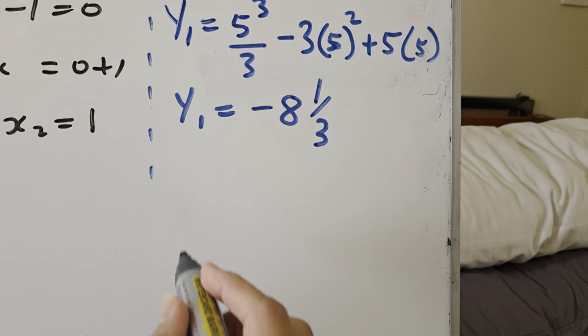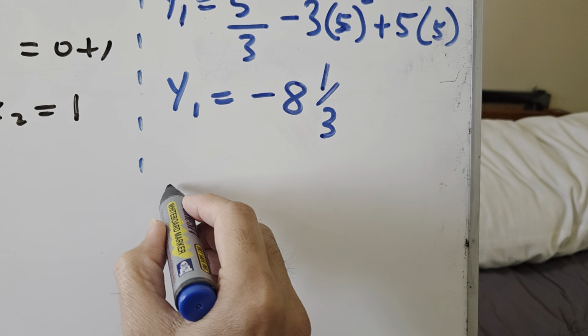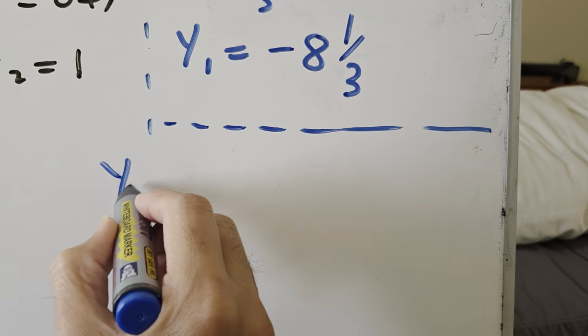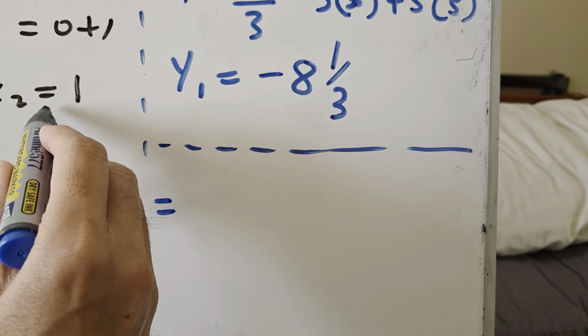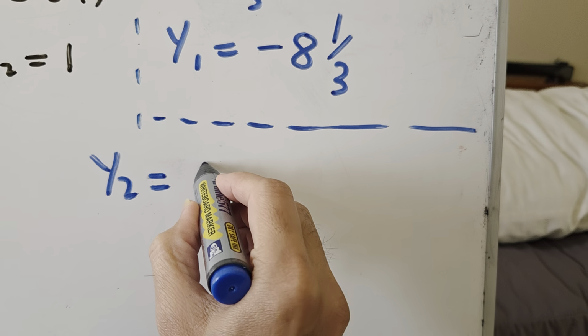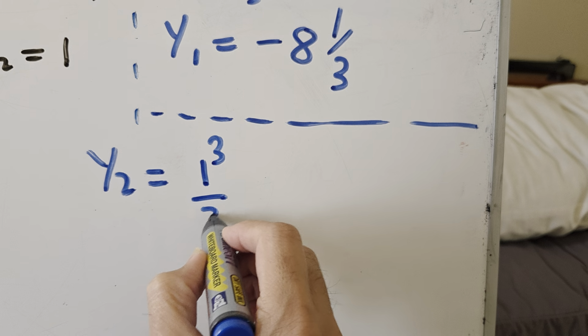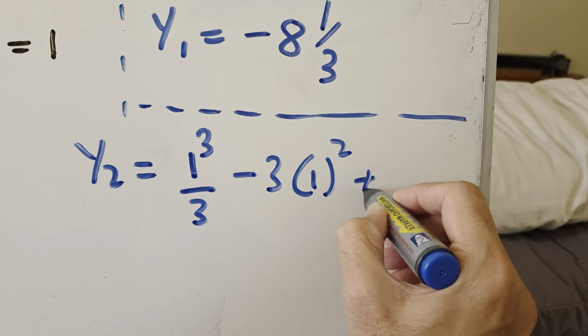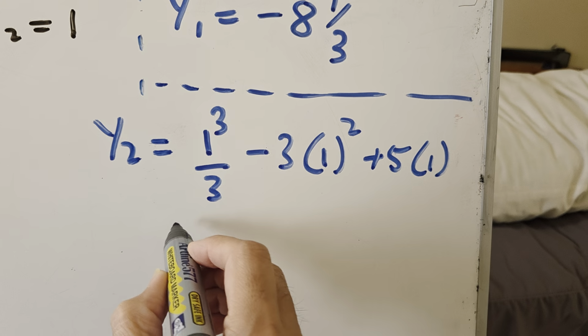And then let's find the corresponding y2 value. So your y2 will be equal to, put x2 in place of x in the original equation. So 1 to the power of 3 over 3 minus 3 times 1 squared plus 5 multiplied by 1.